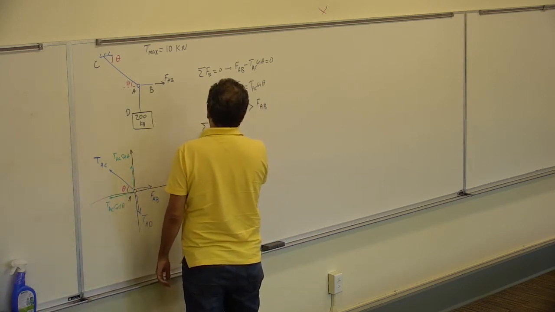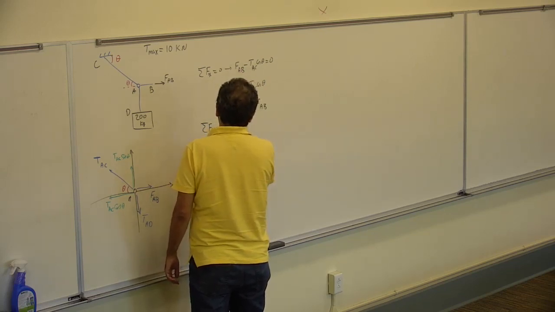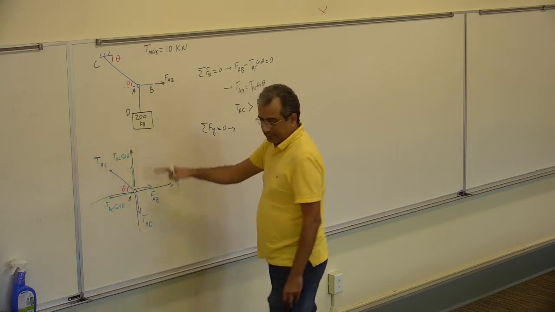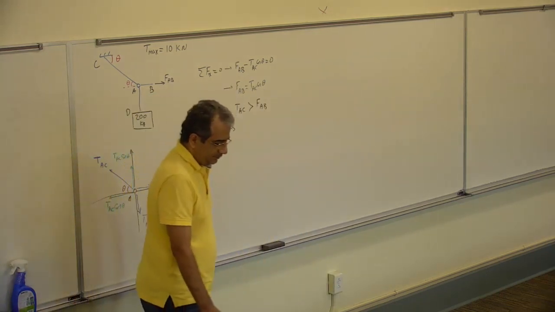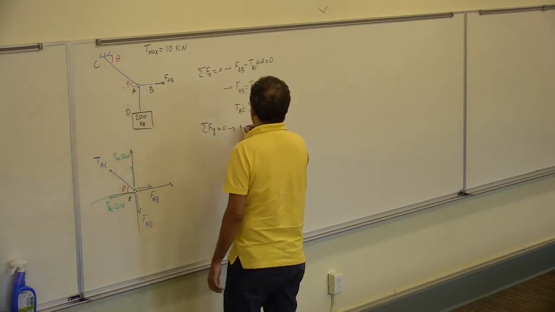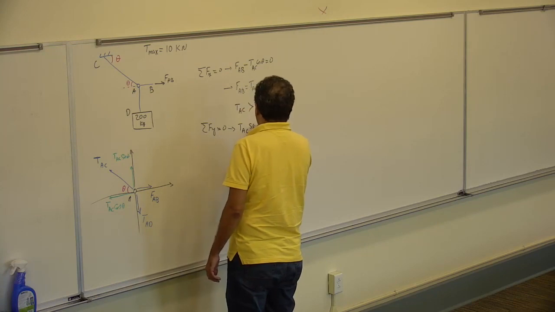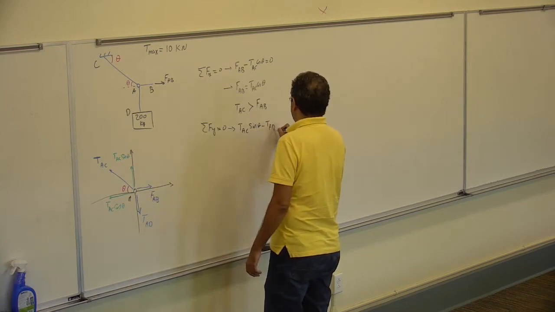Then sigma Fy is 0. If I write sigma Fy, what do I have in the Fy direction? TAC sine theta and then TAD. TAC sine theta minus TAD equals 0.